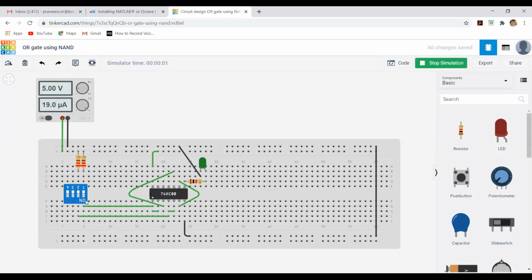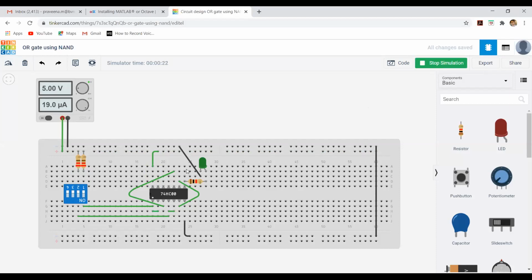Here, just look at the switch. The switch is upside down, so this is the off side and this is the on side. All the switches are currently off. Since I am implementing a 2-input OR gate, I am using only 2 switches, 1 and 2.